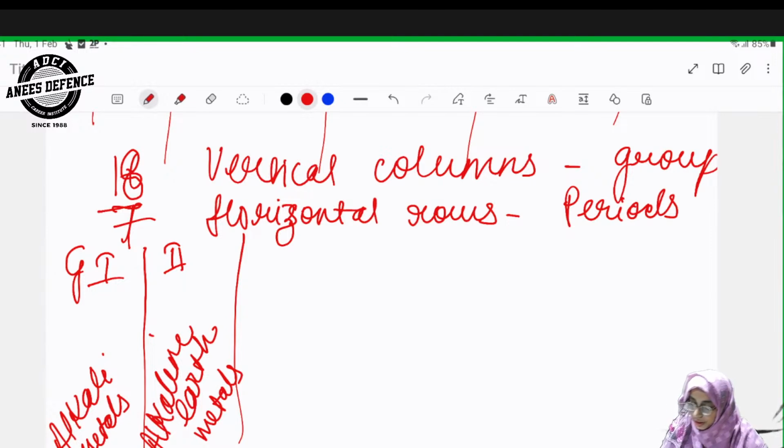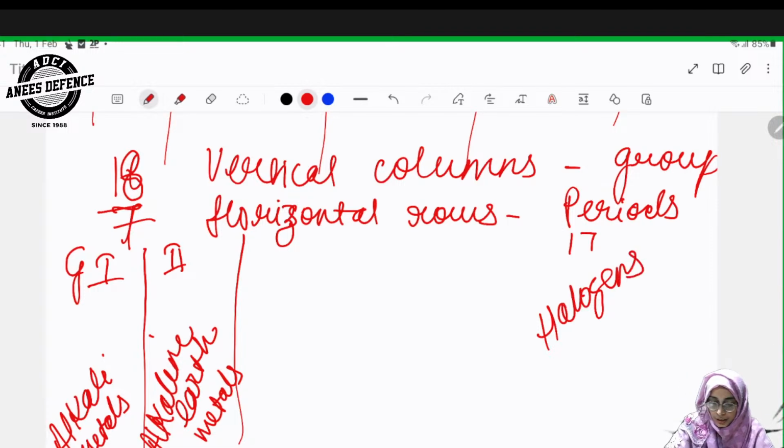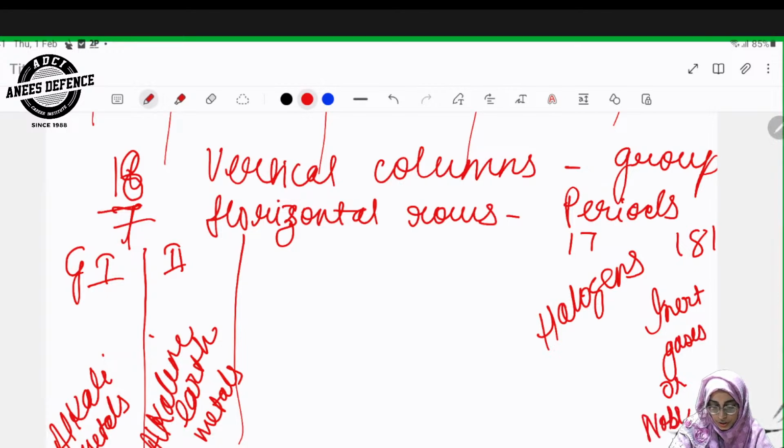But group 17 are known as halogens, and group 18 are known as inert gases, or you can say noble gases.